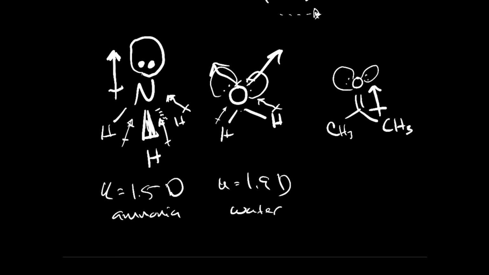And you also have from this oxygen the directionality of these lone pairs. So there's actually a fairly substantial number of places where you can start drawing a dipole with acetone. And so the dipole of acetone is actually 2.9 Debye.